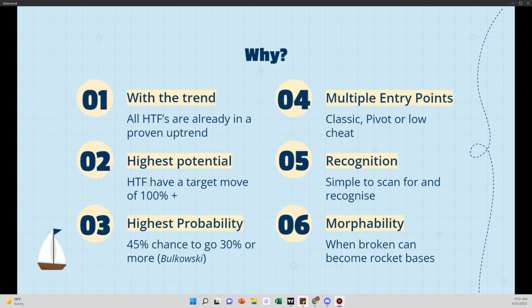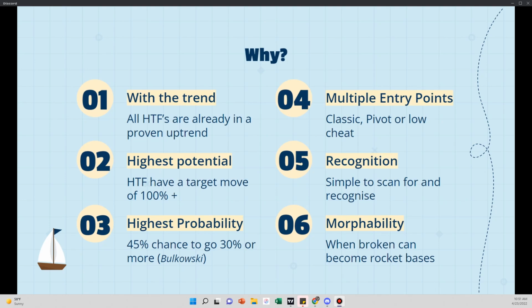So they tend to work straight away, or if they break down, then you're looking at them longer term, looking for where that next kind of rocket entry point may be. And if they do work, they're still on your radar because they will likely set up again.